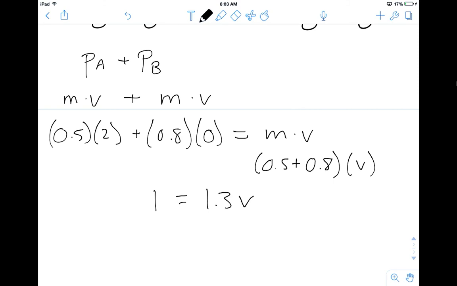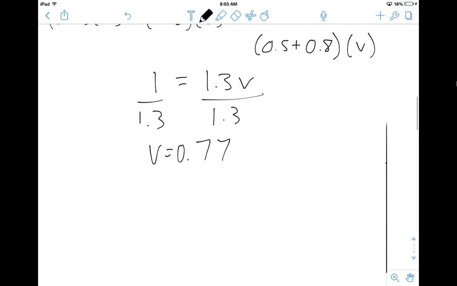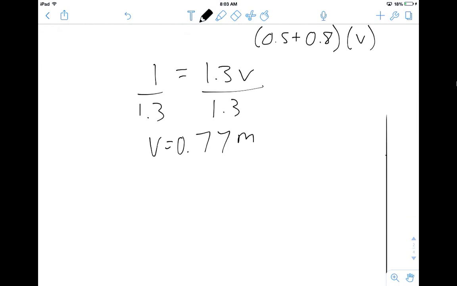1.3 times velocity. I'm going to divide both sides by 1.3. And I'm going to end up with my new velocity is 0.77 meters per second.